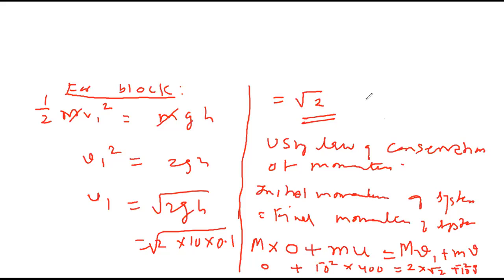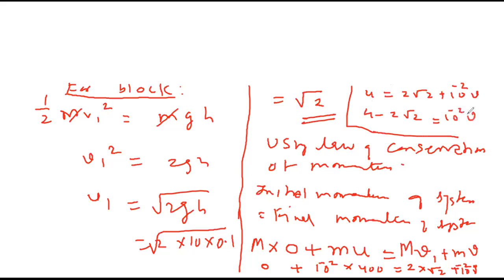So we get 4 into only 4, the 2 0 get cancelled, equals 2 root 2 plus 10 raised to minus 2 v. So 4 minus 2 root 2 equals 10 raised to minus 2 v. So v equals (4 minus 2 root 2) upon 10 raised to minus 2.